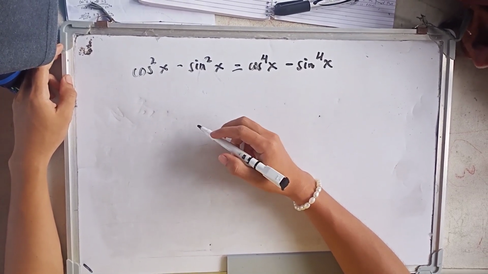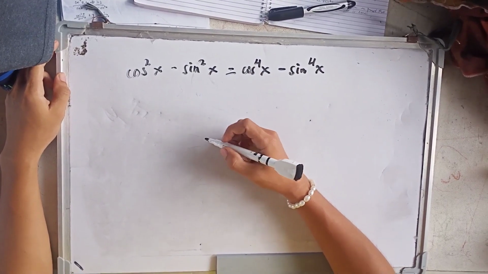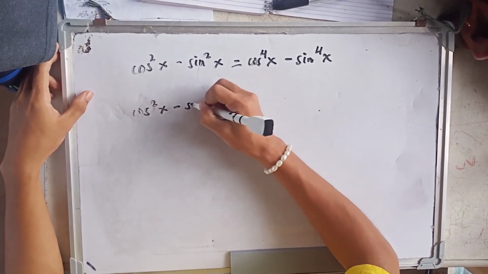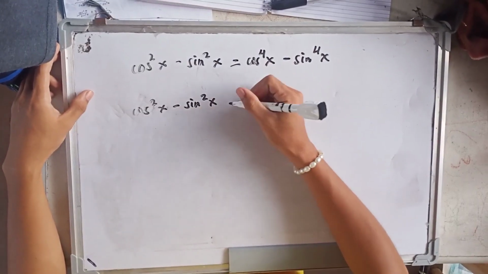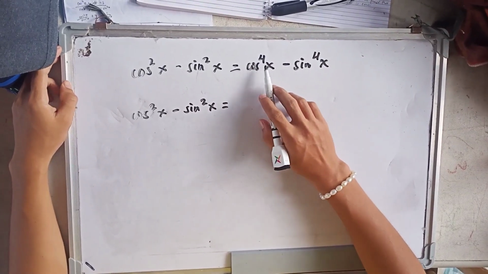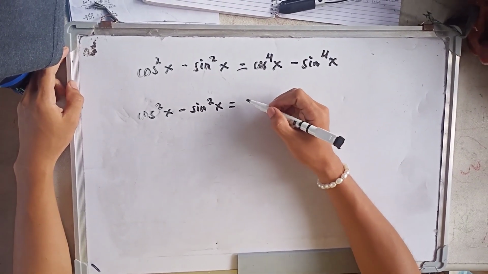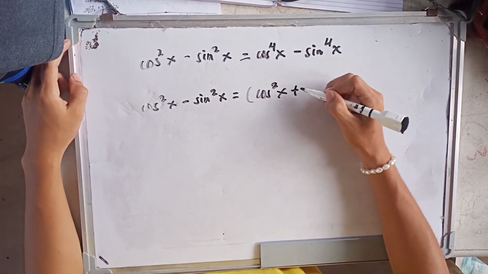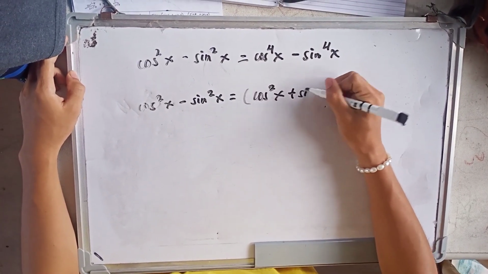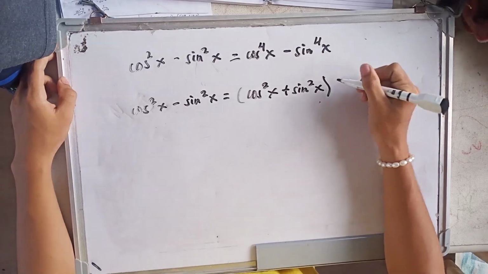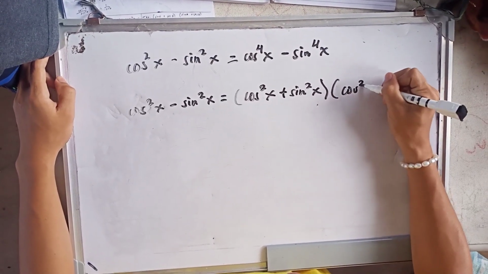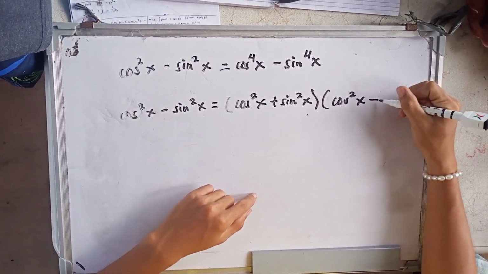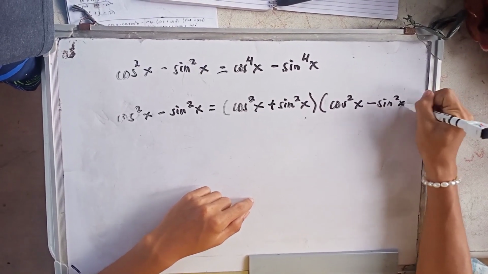We should process the right side. Since the exponent is 4, we have to make binomials. Cosine squared theta, the operation is addition, and the other factor is subtraction, with sine squared theta.